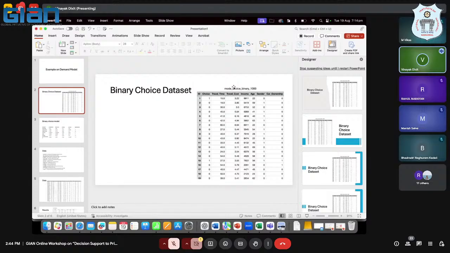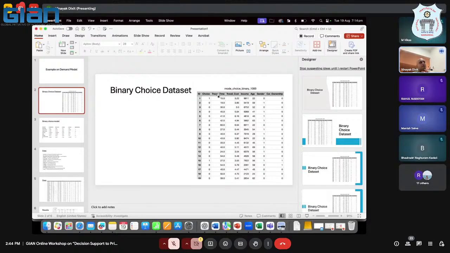So if you open the file called mode choice binary 1000, this is what you get. It's telling you what mode they chose and what were the modal characteristics of that. So usually these are called revealed preference.